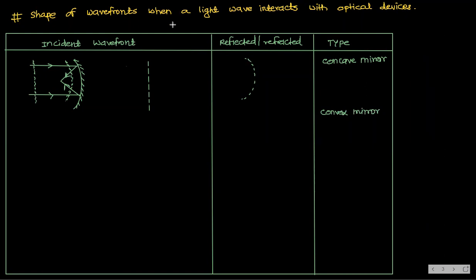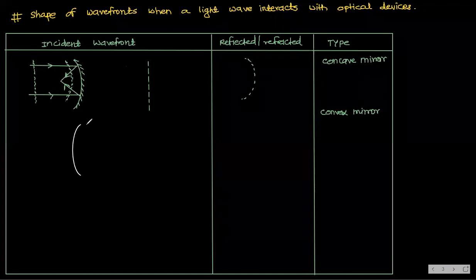Now you see how is the convex mirror? Yes, like this. So for convex mirror, we are going to shade from this side, right?